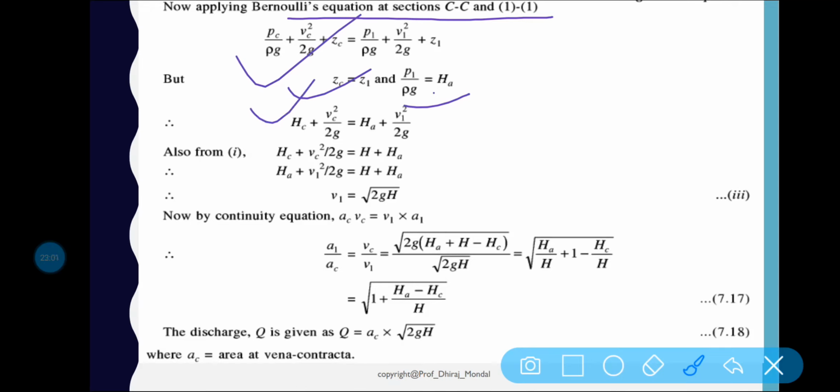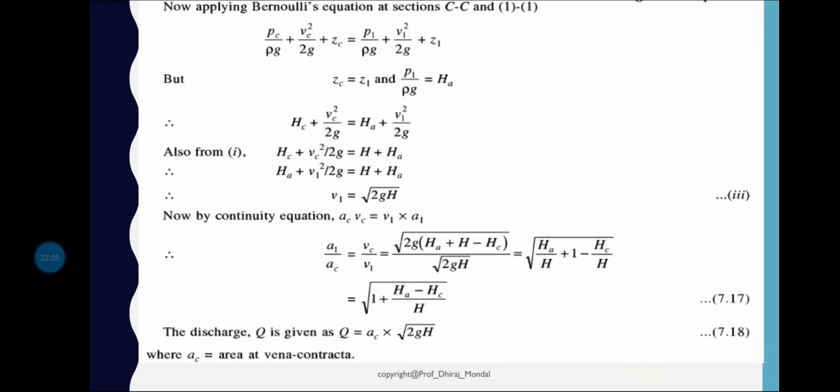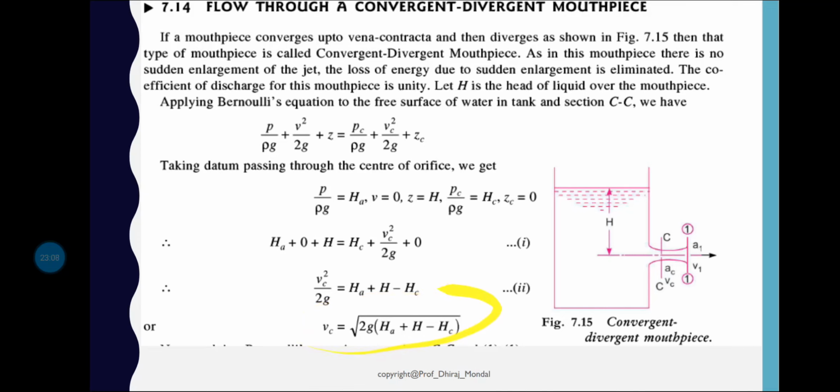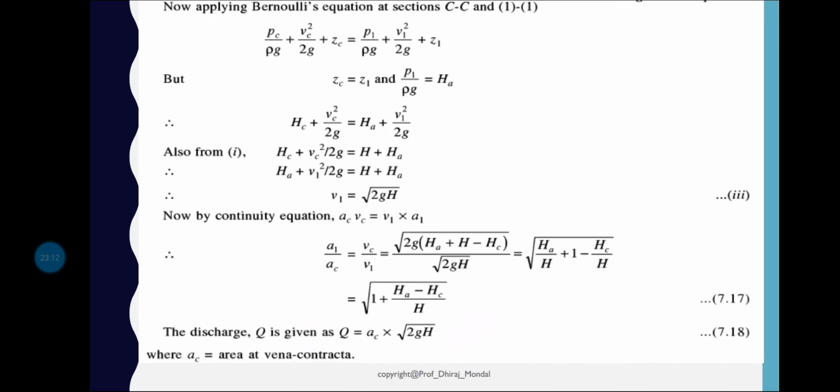Here you have VC equal to this. But you know P1 by rho g, and therefore HC plus VC square by 2g is equal to HA, that is the atmospheric pressure head.